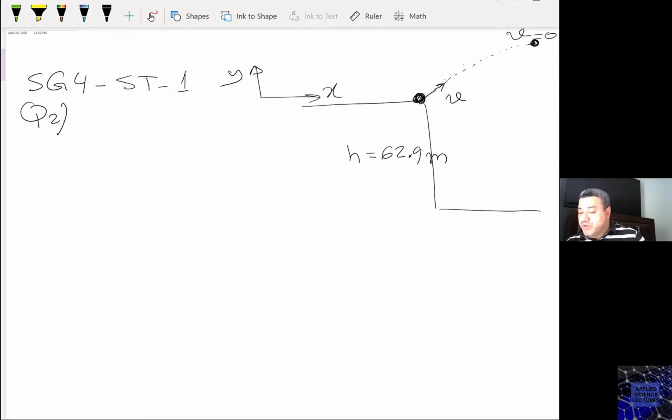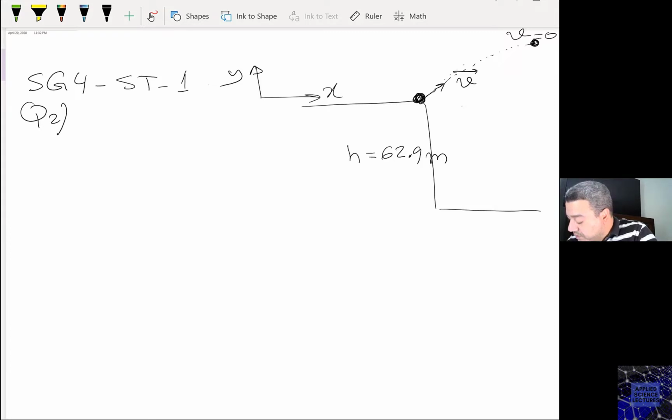So the first thing we need to do is to define this height. Let me call this one C. Now this V will be decomposed.